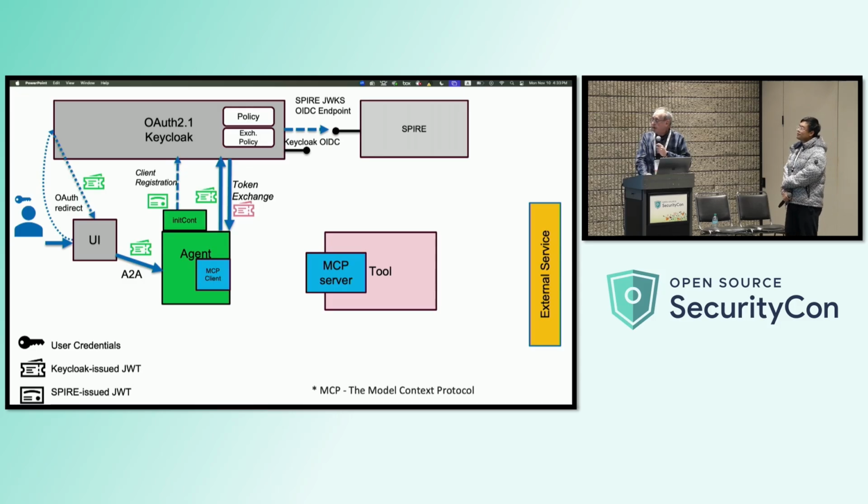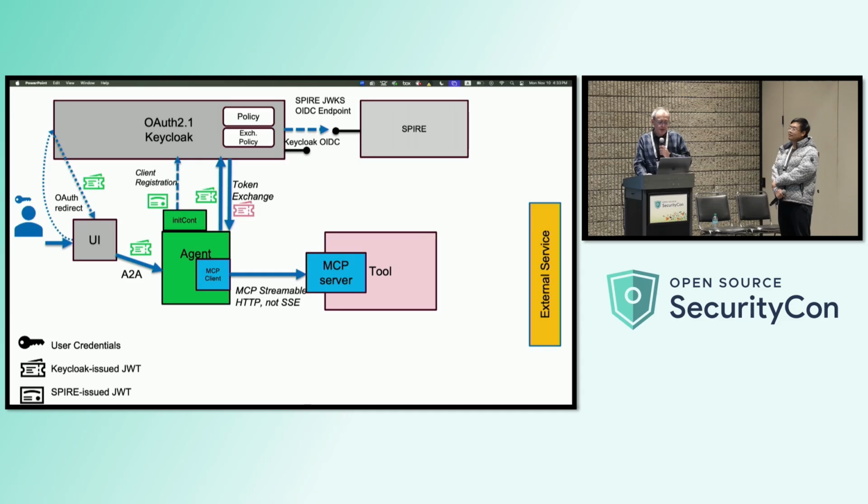The communication between the agent and a tool is called MCP. That's the Model Context Protocol. The MCP client is on the agent side, and the MCP server is hosted by the tool. So we used MCP streamable in our example, and the tool receives the new token that is crafted just for it.